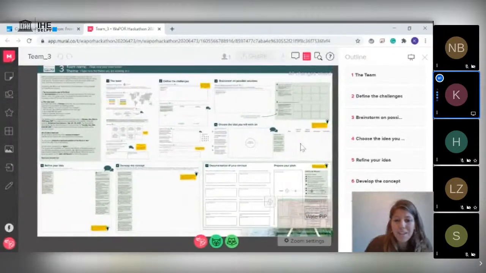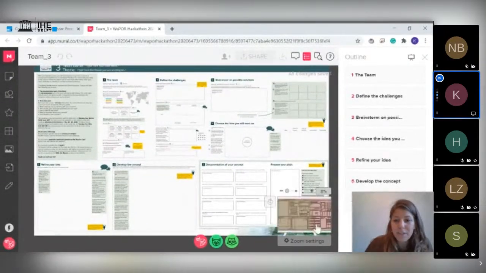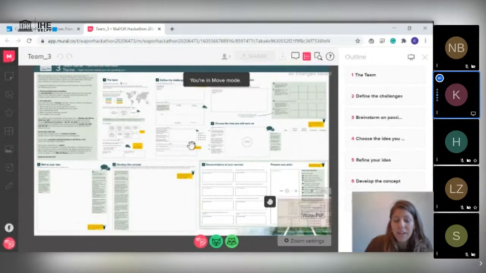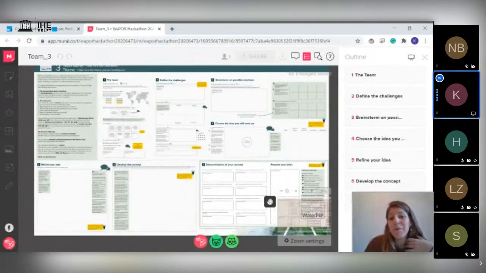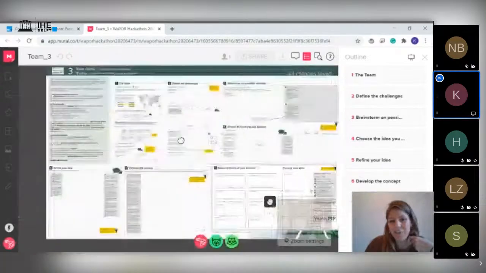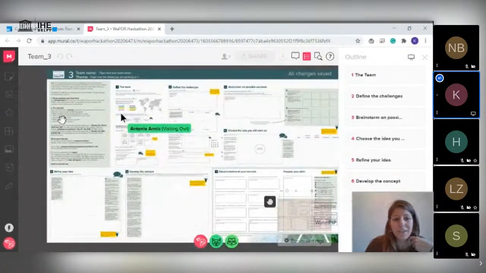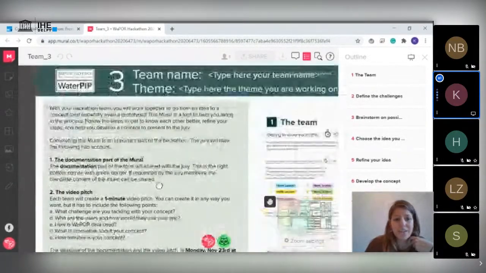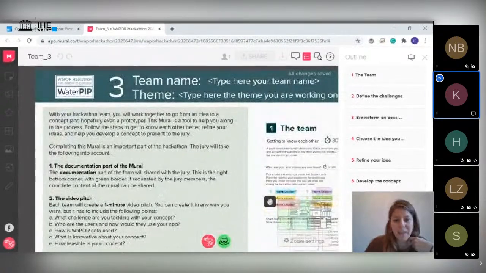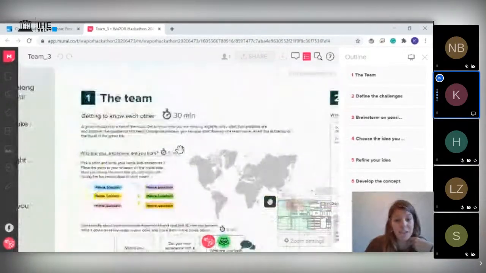This program has a lot of features, and one thing you see in the bottom, that's the zoom panel and the move mode. So you can place a lot of things, and then when you move, you can maybe move other things around. When you click on this hand, you can just drag along. You can zoom in to read the text, to see where you are, and zoom in even more.